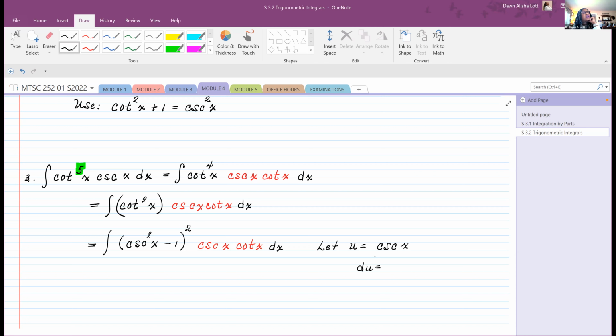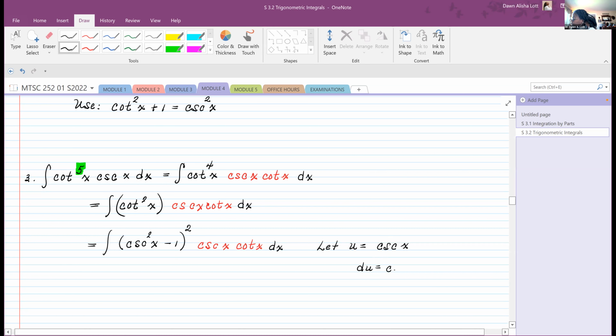What's the derivative of the cosecant of x? Okay, guys, I wrote it on the paper so that this would be easy.